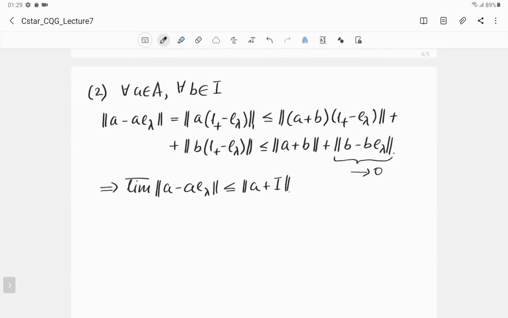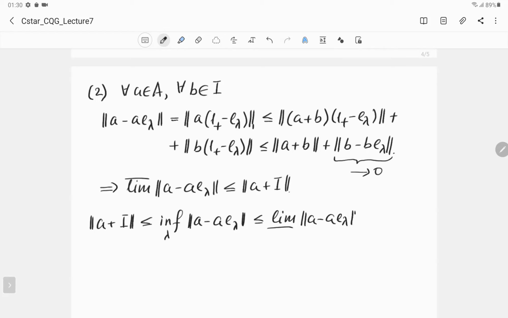Okay, but on the other hand, it's clear that the norm of A plus I is less than or equal to the infimum over lambda of the norm of A minus A e_lambda. That's clear because A e_lambda sits in our ideal I. And this is less than or equal to the lower limit of the norm of A minus A e_lambda.